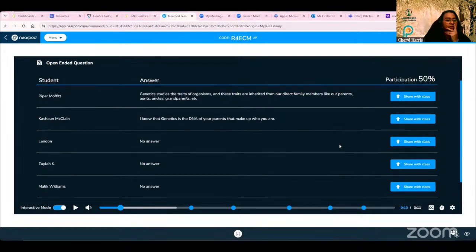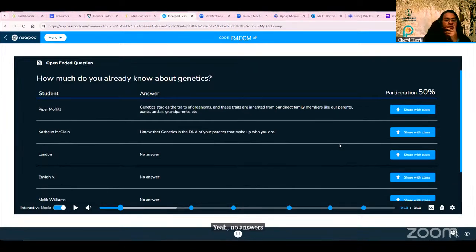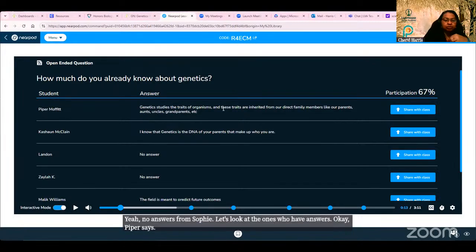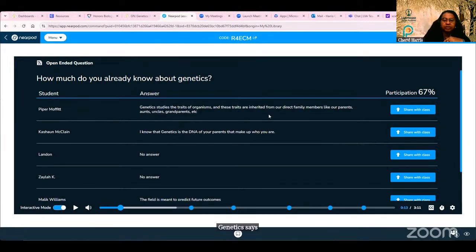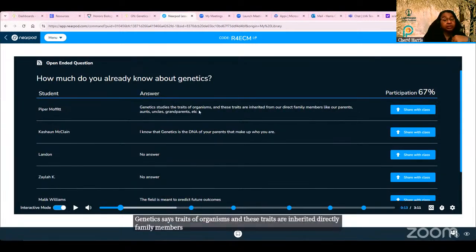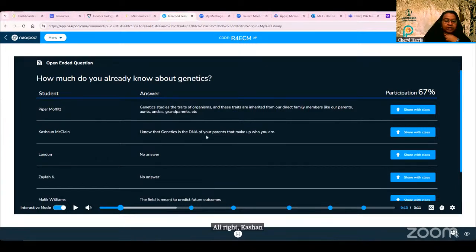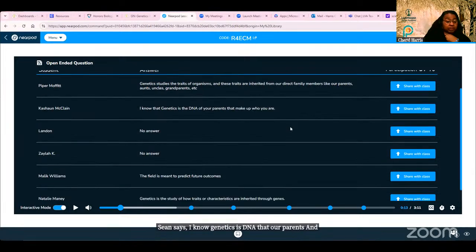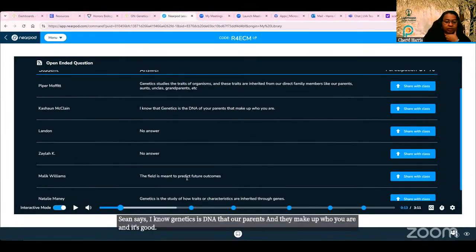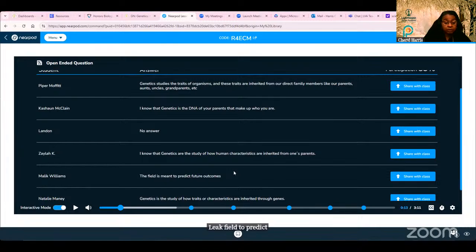Got no answers from some people. Let's look at the ones who have answers. Piper says genetics studies traits of organisms, and these traits are inherited directly from family members, like our parents, aunts, uncles, etc. Kishan says genetics is DNA from our parents, and they make up who you are, and that's good. Malik says the field to predict future outcomes.